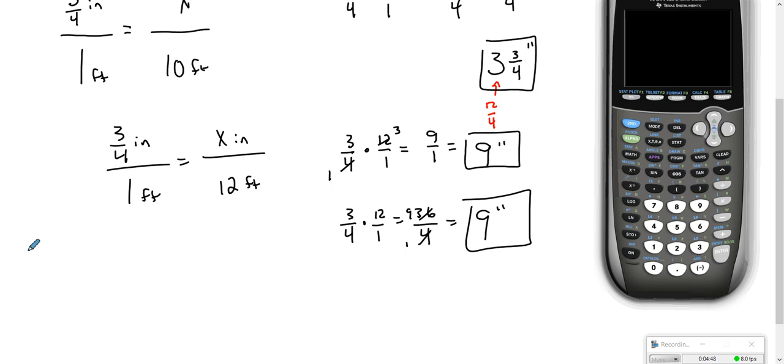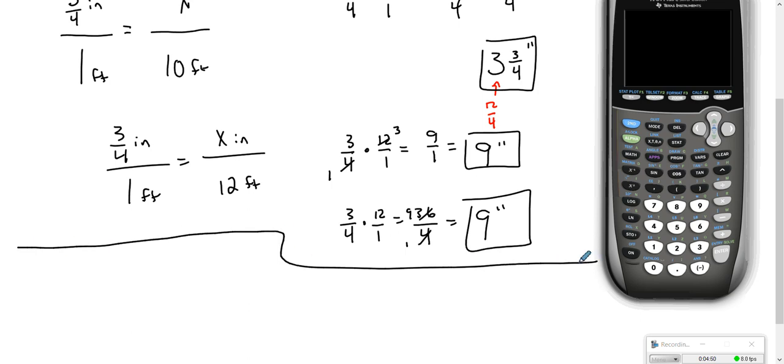Now, I'm going to show this to you, but you do not need to do this. 3/4 of an inch, 3/4 times something equals this 1 foot, and I'm going to write it this time in the same unit, so I'm going to put it in inches, so 12 inches. 3/4 times something equals 12, or 12 over 1. So I could just divide 12 divided by 3/4.